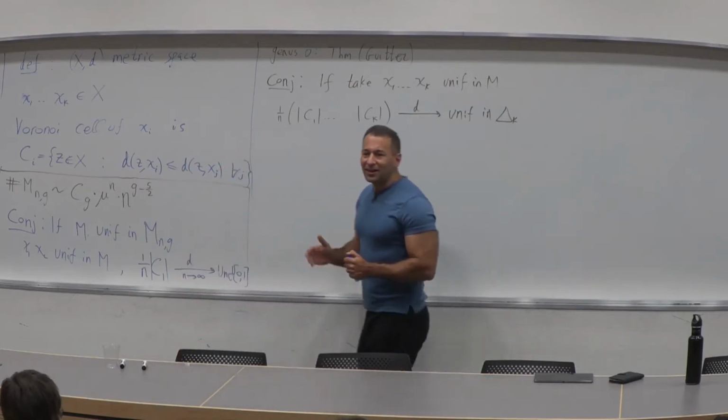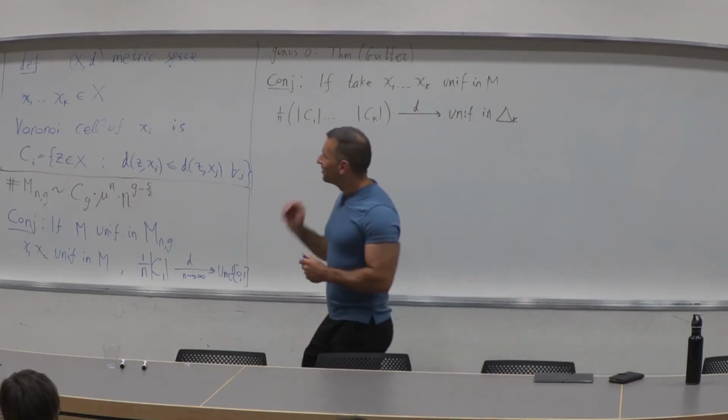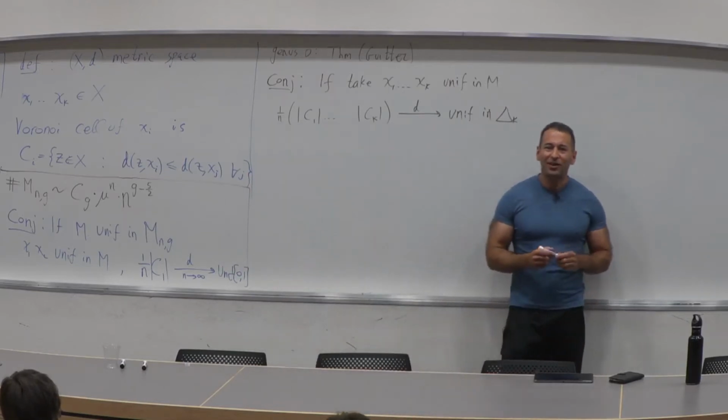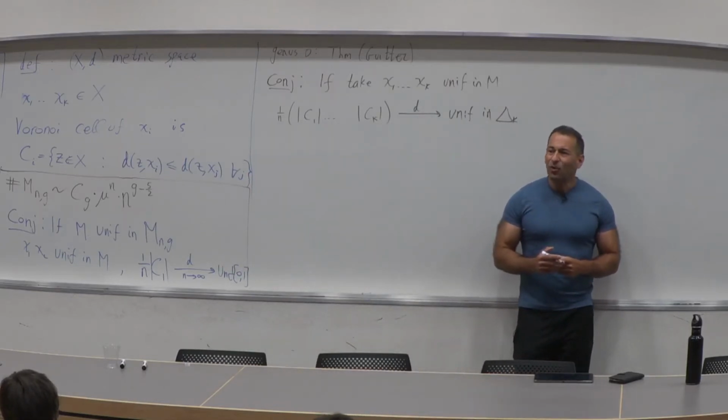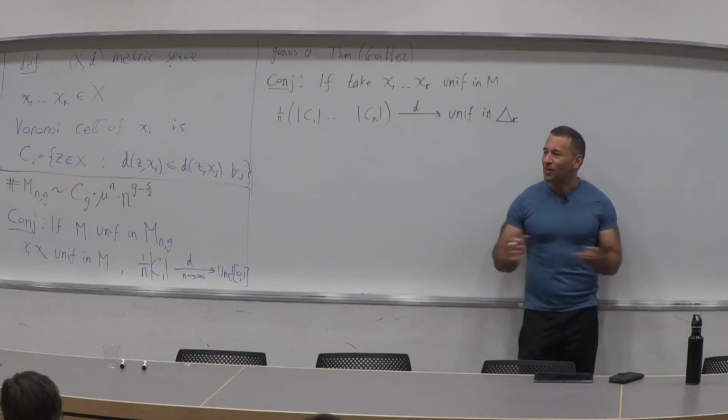Guillaume tried and couldn't prove this for maps. He said, well, let's look at other metric spaces. If you want something compact, a sphere is not so interesting.